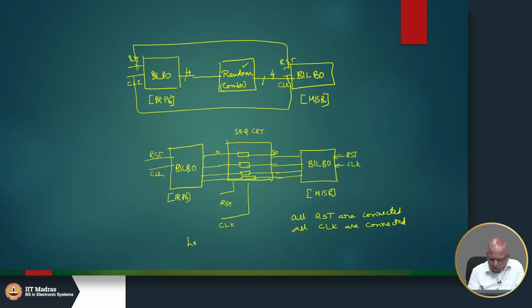So, loading the initial seed is to be done, then followed by a certain number of clocks, and then we can see what is the signature here, and if the fault exists in the circuit, the signature is expected to be different. As I explained to you earlier, in this 4-bit BILBO, up to 16 signatures were possible.